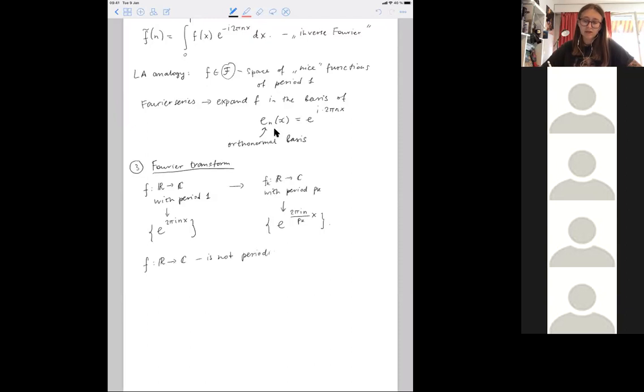What we can do is extrapolate this function as a limit of these periodic functions f_k with periods p_k, the periods of which would get larger and larger. So in the limit of p_k going to infinity.